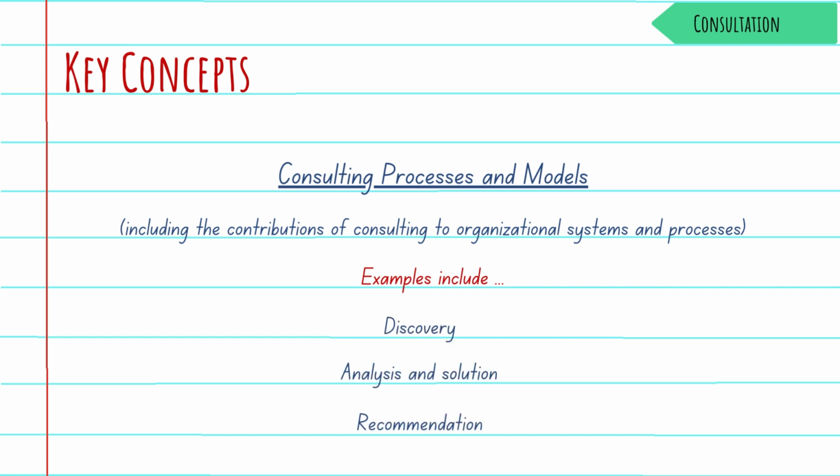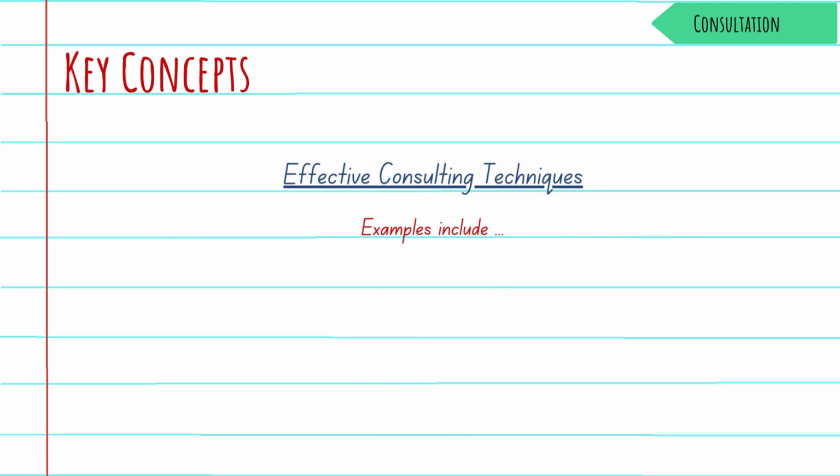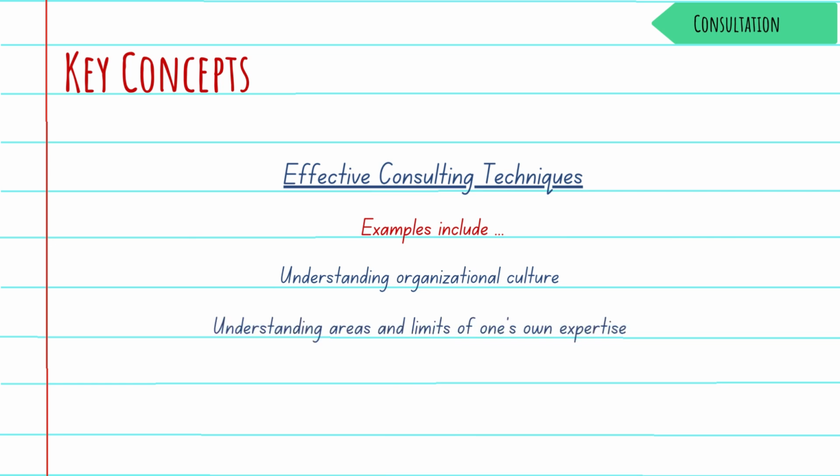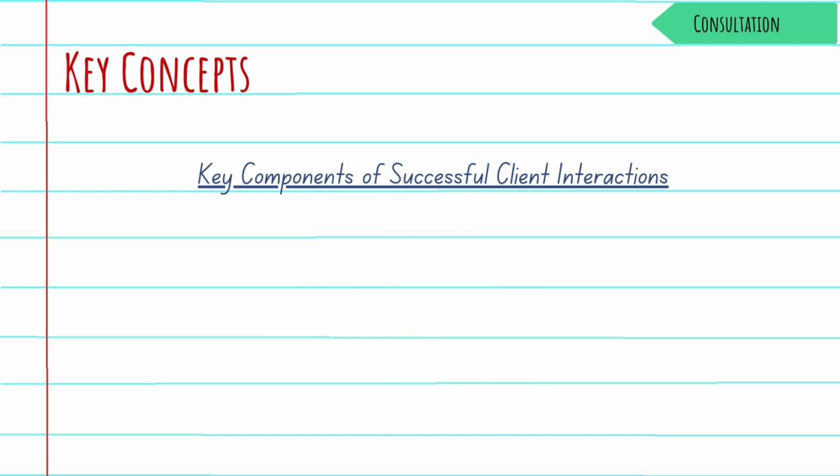Consulting processes and models, including the contributions of consulting to organizational systems and processes, include discovery, analysis and solution, recommendation, and implementation. Effective consulting techniques include understanding organizational culture and areas and limits of one's own expertise, setting reasonable expectations, and avoiding overpromising. Key components of successful client interactions include listening, empathy, communication, and follow-ups.